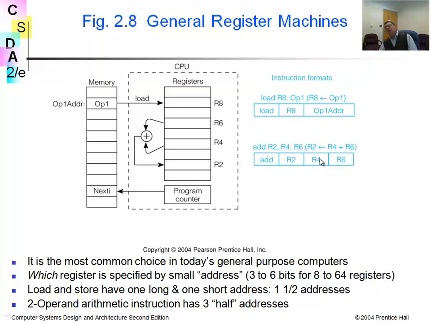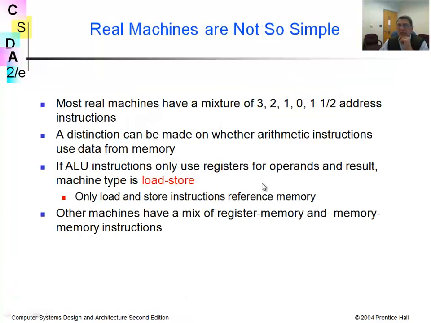All right? So this is the newest version that usually is being used. And the real machines are not so simple. Most real machines have a mixture of 3, 2, 1, 0, 1.5 address instructions. A distinction can be made on whether arithmetic instructions use data from memory, or they bring them in, put them in some of the CPU registers, and from there pick them up.